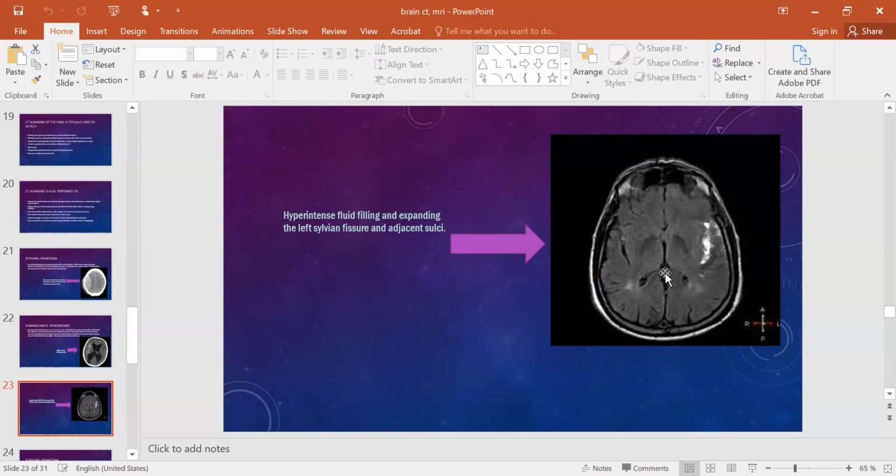Hypo will be darker than brain. For example, this area is hypointense if we compare to brain. And everything that has the same intensity as brain will be isointense. So here we see that the left Sylvian fissure and sulci are filled with blood, hyperintense blood.